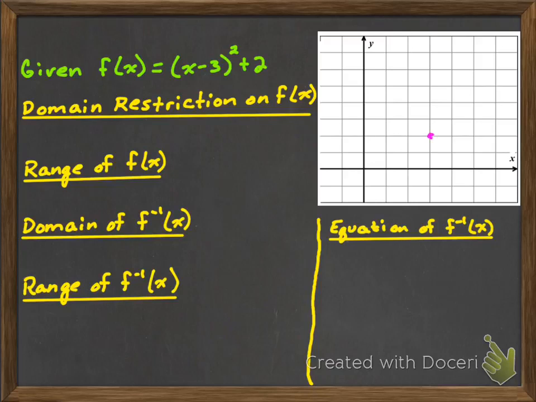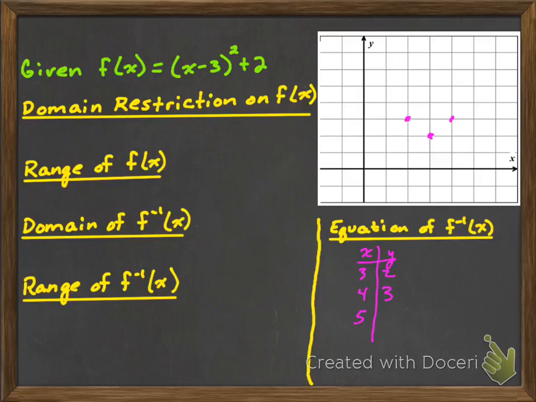And if we want to make a table of values, just to make a quick graph here that's a little bit more accurate, we know 3, 2 is on the graph. Let's try when x is 4. All right, so 4 minus 3 is 1, squared is 1, plus 2 is 3. So 4, 3, and its symmetric point are on the parabola.